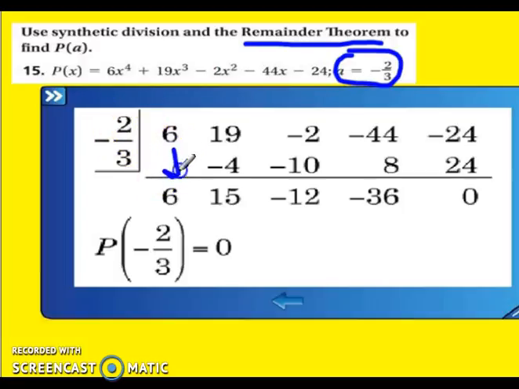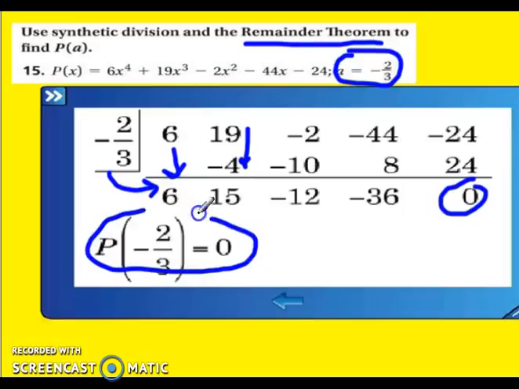I'll bring the first number down. Negative 2/3 times 6 is negative 4, and then I'm going to add them, and I continue the process. And I get 0 as my value, so I write P of negative 2/3 equals 0. It happens to be a factor, but that's not what they're asking us to do.